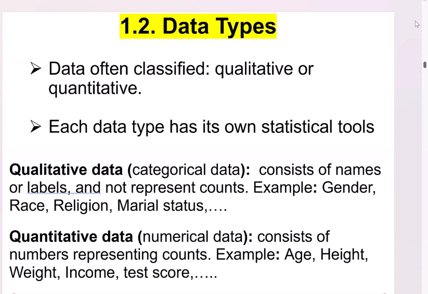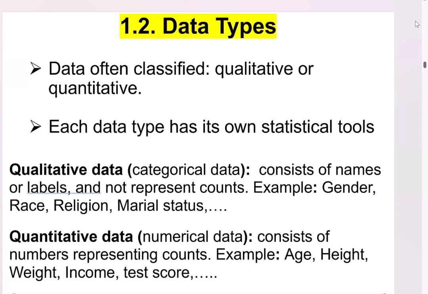And then the quantitative data, which is numerical data, consists of numbers representing counts, like age, right? 78, 80. So we know that an 80-year-old person is older than the 78, right? Height, 5'8", 5'4". So the 5'4" person is shorter than the 5'8", right?